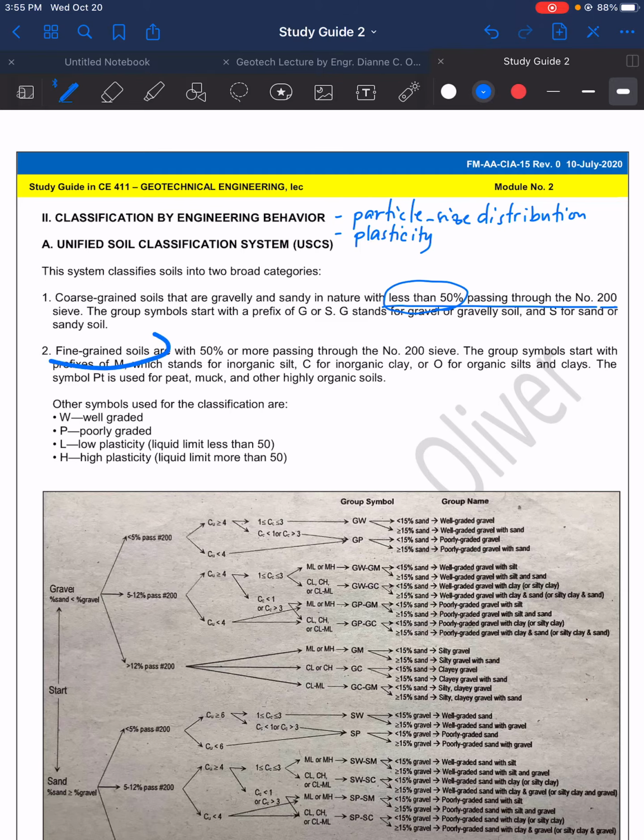Another one is the fine-grained soil. Fine-grained soils are those with 50% or more passing through the number 200 sieve.